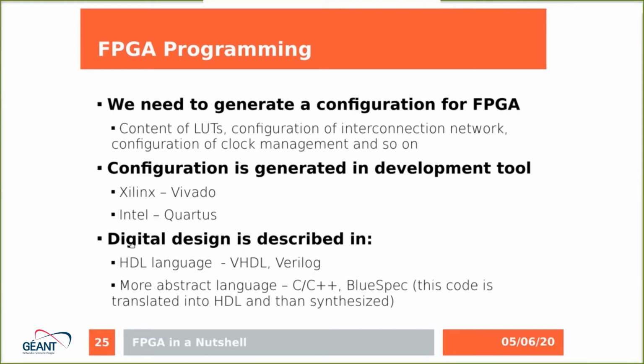Now, if we want to describe the digital design, then we can use the HDL language. You will see some examples later. Or we can use a more abstract language, which is very typical, C or C++. This is the language which is familiar for a lot of developers and computer engineers.